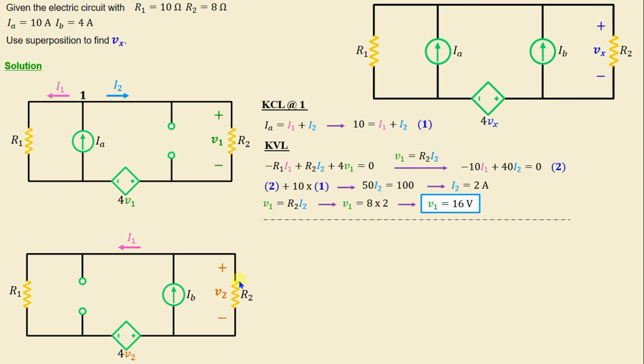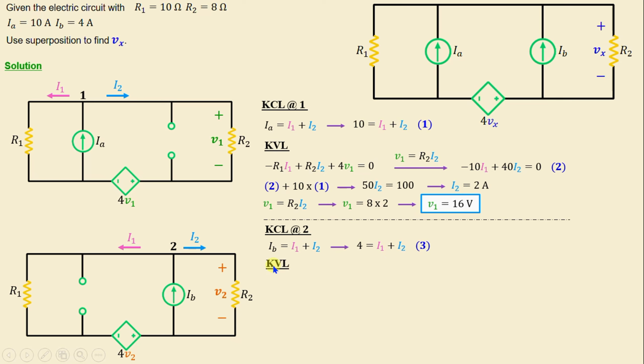First, let's consider I1 is the current through the resistor R1 and I2 is the current through the resistor R2. By applying Kirchhoff's current law at node 2, we can write IB is equal to I1 plus I2. And if we replace IB with its numerical value, we obtain 4 is equal to I1 plus I2.